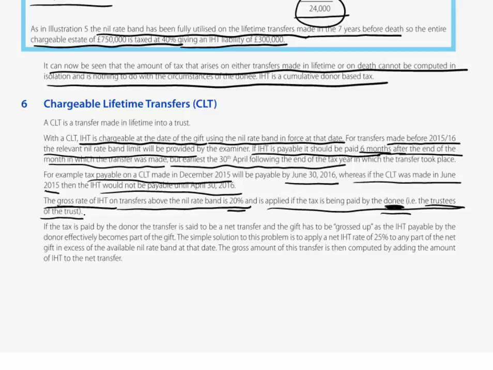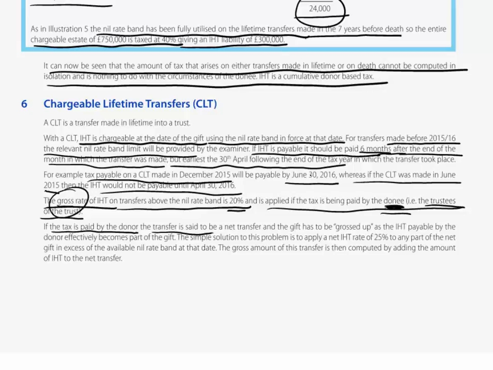But what might happen, and frequently does in exam questions, and you'd assume has happened, unless you are told that the trustees elected to pay the tax, is that if the trustees don't pay, the only person left to pay is the donor. If the trustees paid, it was a gross transfer.